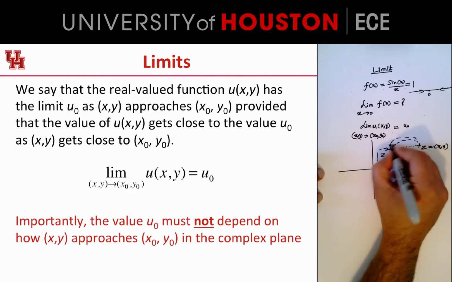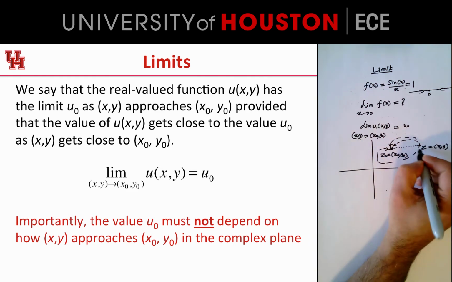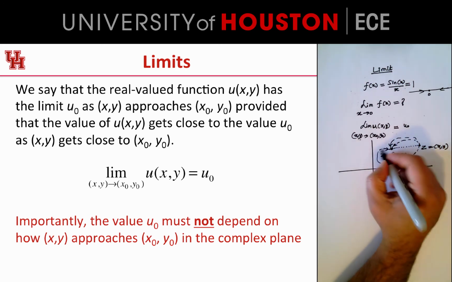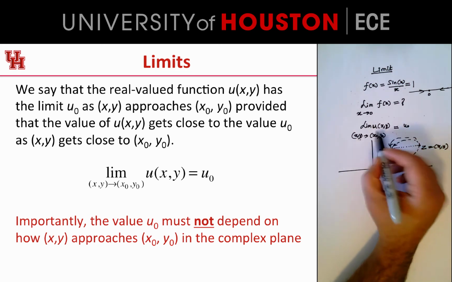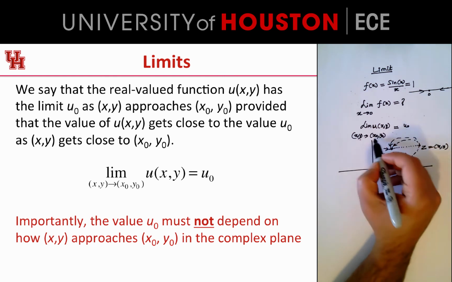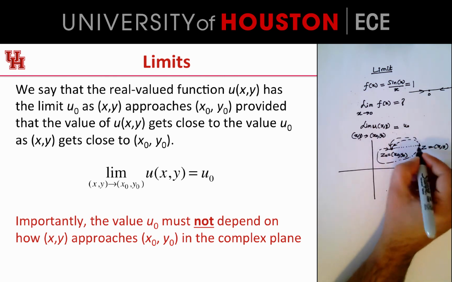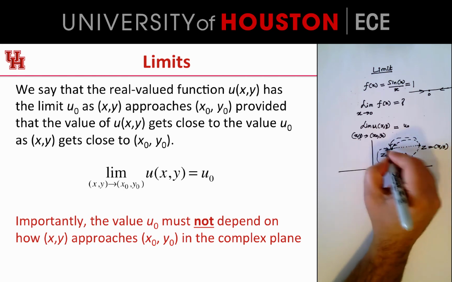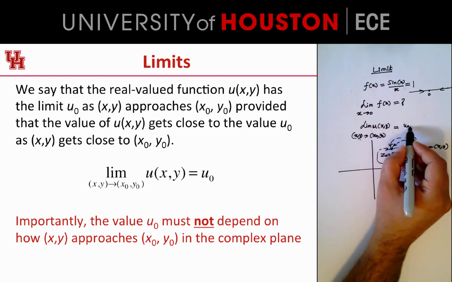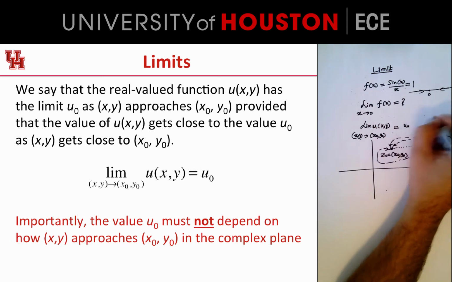And so on. So depending on the path that you take, one question is whether u approaches the same number u naught. Now if that happens, that regardless of what path you take, u approaches u naught, then we say that this limit exists.